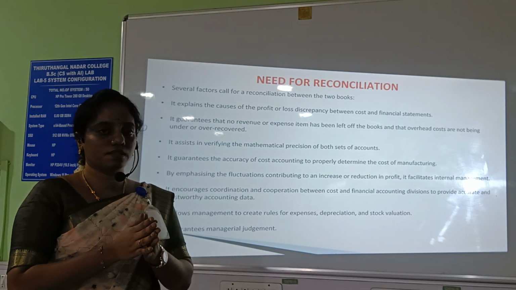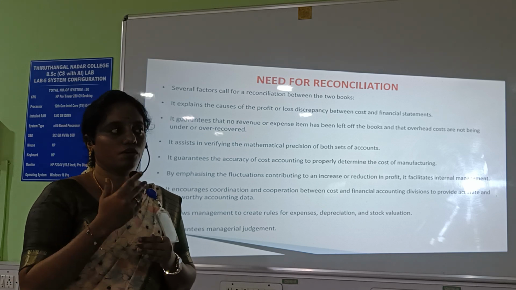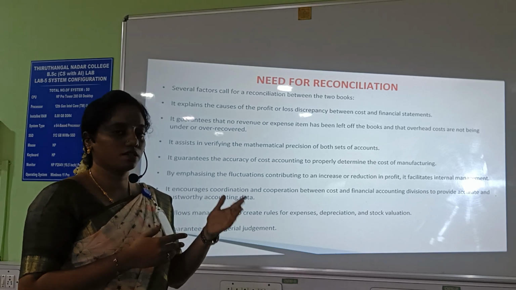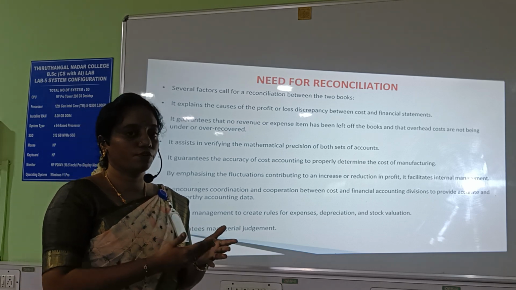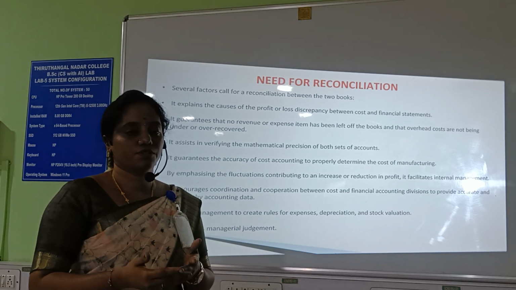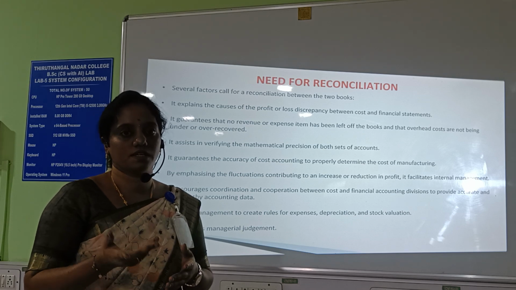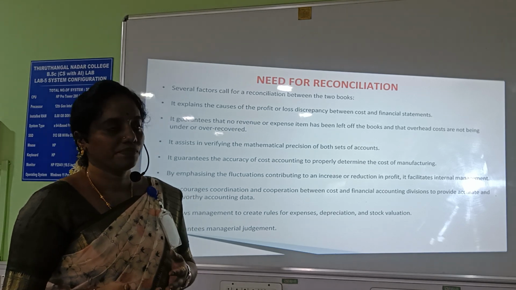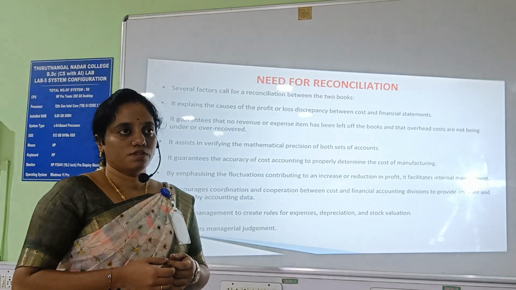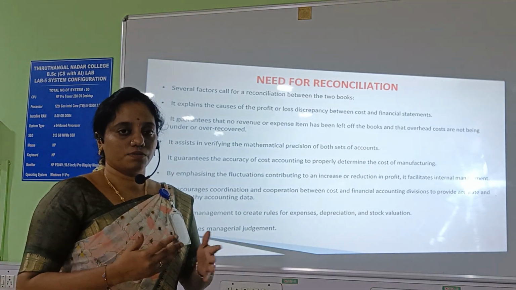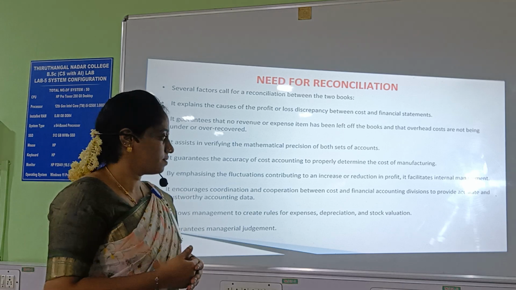Cost accounting is mainly concerned with determining cost, and financial accounting is mainly concerned with producing information for stakeholders, investors, tax authorities, etc. It guarantees managerial judgment. By reconciling both the accounts, we can judge the managerial decisions.